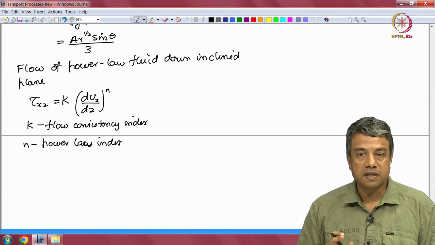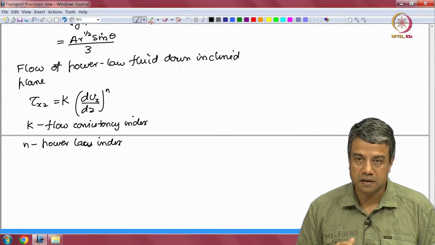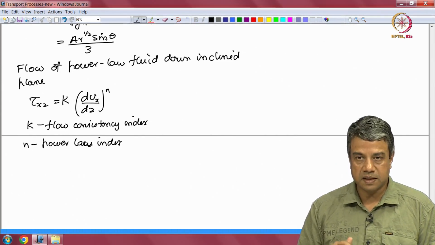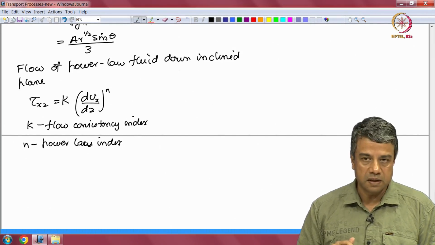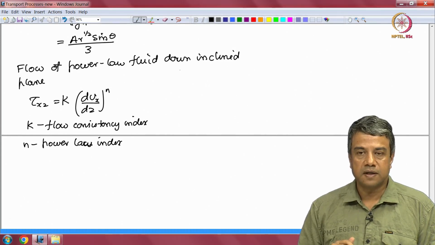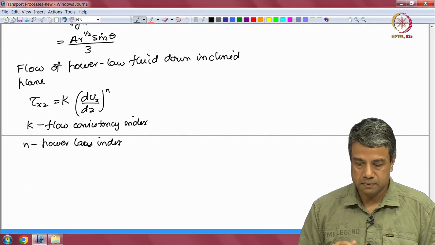Okay. In this case, the relation between the stress and the velocity gradient is not linear. It is a more complicated relationship. Okay. The relation between the stress and the velocity gradient is no longer linear. It is a more complicated, a power relationship. Therefore, as the velocity gradient varies, the stress will also vary. Okay.